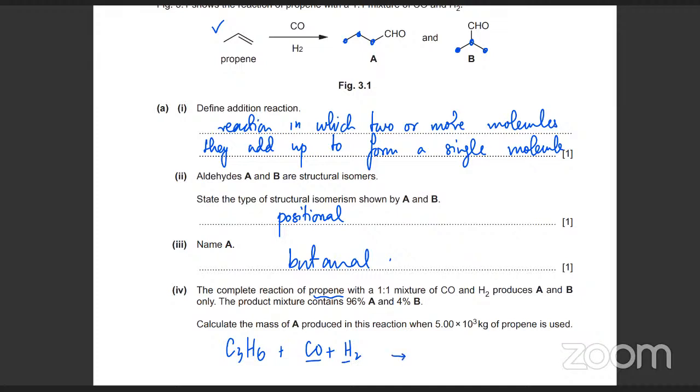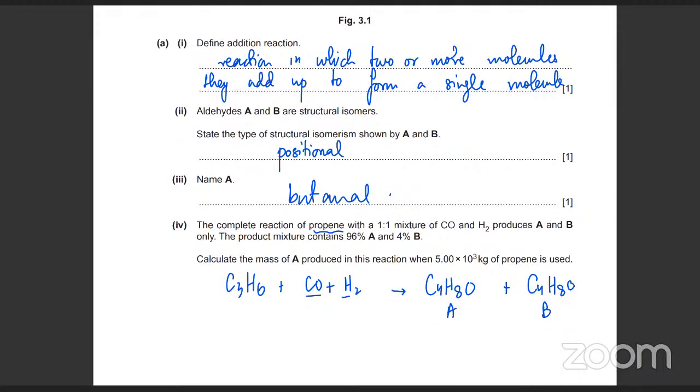And it produces A and B. So A is C4H8O, right? And B is also the same. It's an isomer, so it has the same formula. So you get A and B. And he says that 96% of the product is actually A. Calculate the mass of A produced in this reaction when 5 times 10 power 3 kg of propene is used.